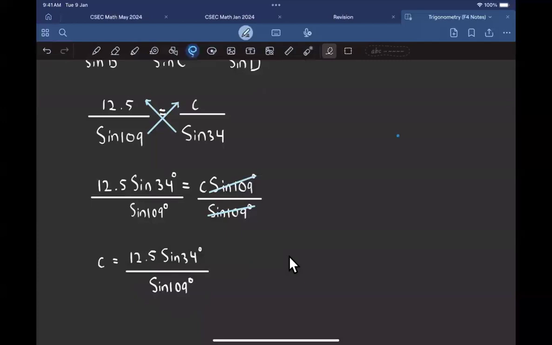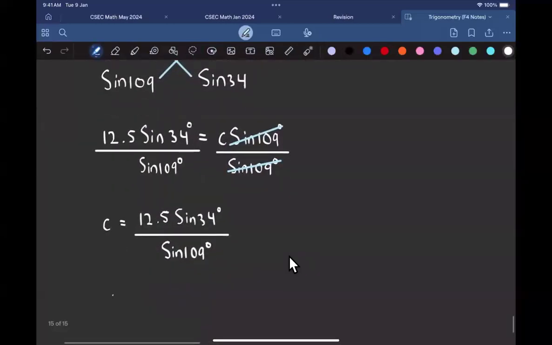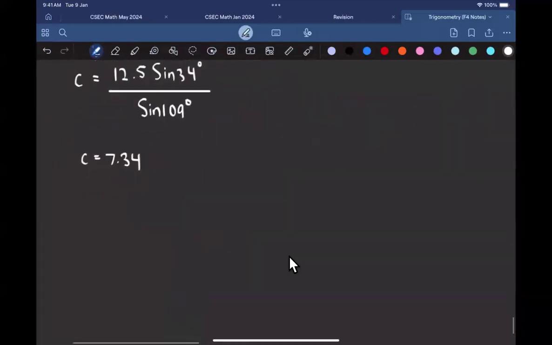Yeah. 0.12. I guess 7.34. 7.34 centimeters. Oh, never mind, I know I did it wrong.